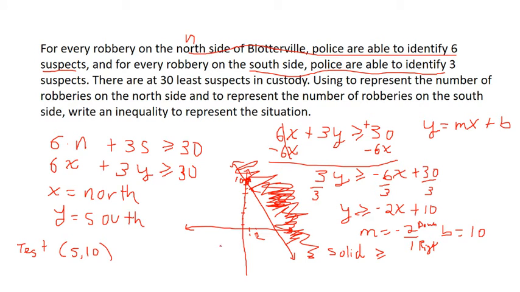So if I test 5 and 10, we have 10, is this greater than or equal to negative 2 times 5 plus 10? So that's gonna give you 0. We gotta put a question mark here. 10 is greater than or equal to 0. This will be a true statement.